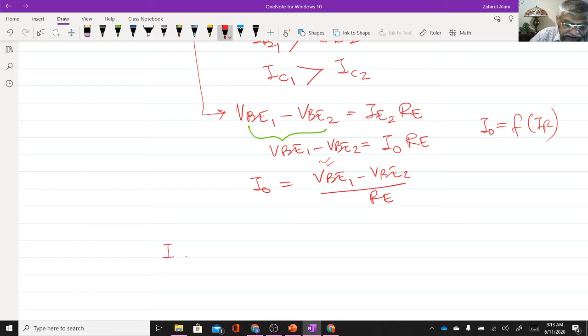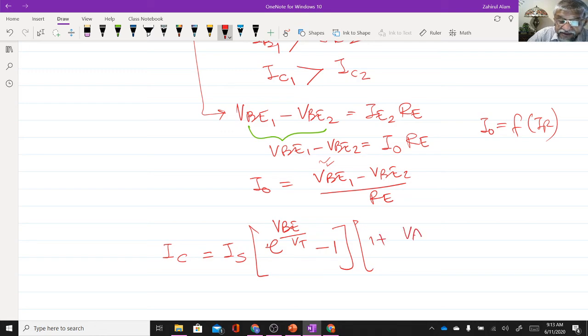We know the collector current is equal to reverse saturation current IS times e to the power base to emitter voltage divided by VT, the thermal voltage, minus 1, times 1 plus VCE divided by VA.